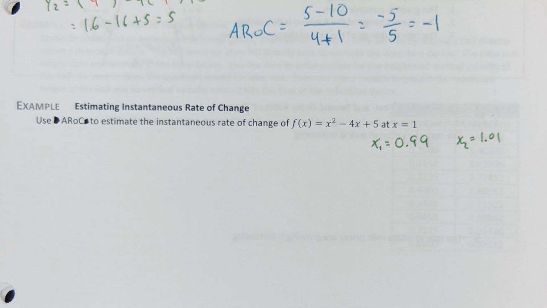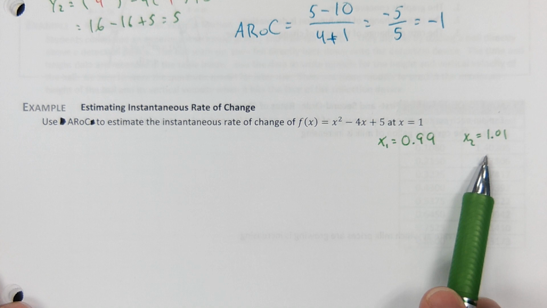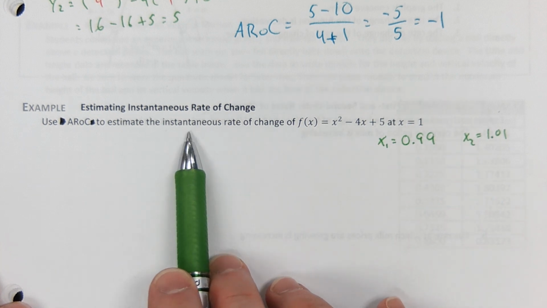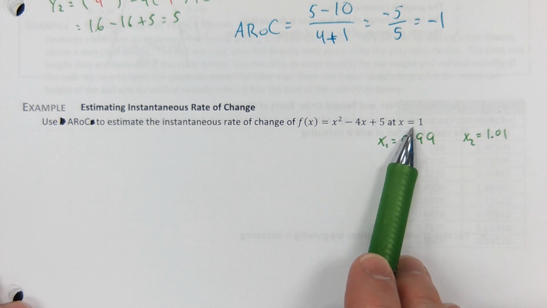And x equals 1 happens to be the midpoint between those 2 points, right? So I am going to find the slope of the secant line that connects these two x values. And we're going to use that slope to say it's a good estimation of the actual rate of change of my curve at the single value.